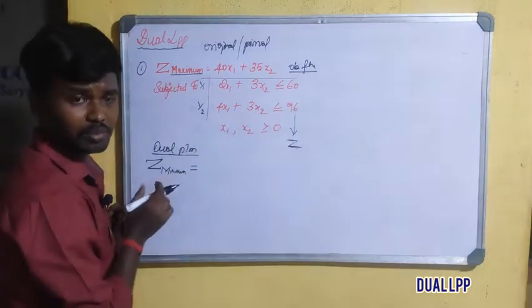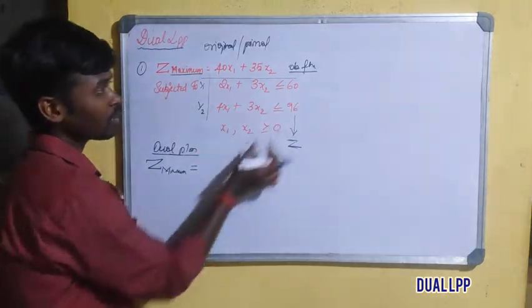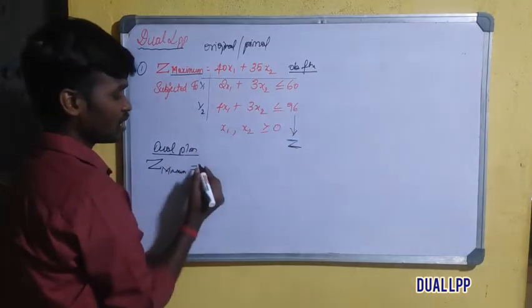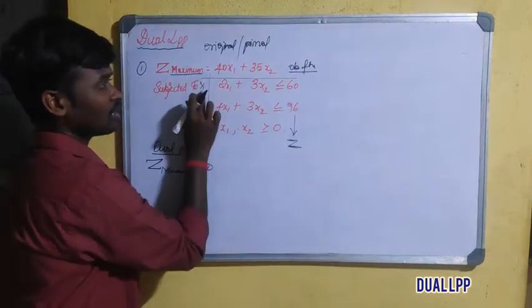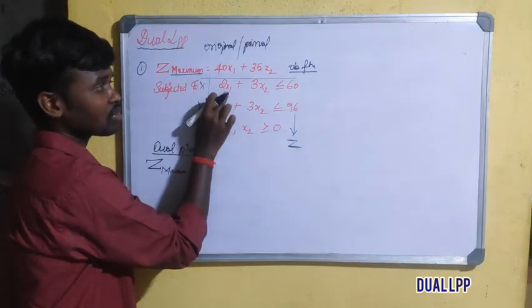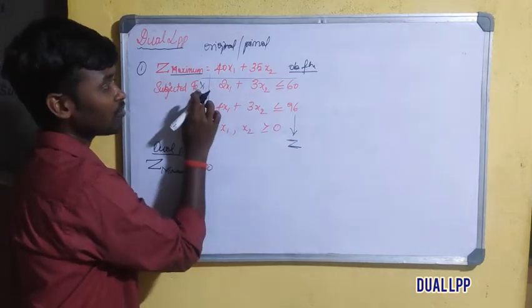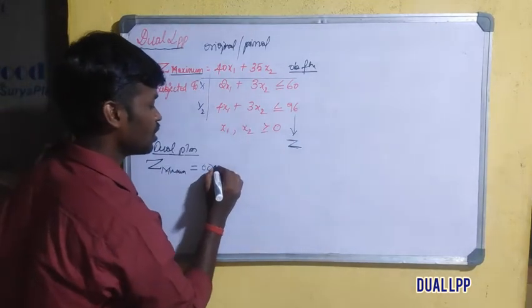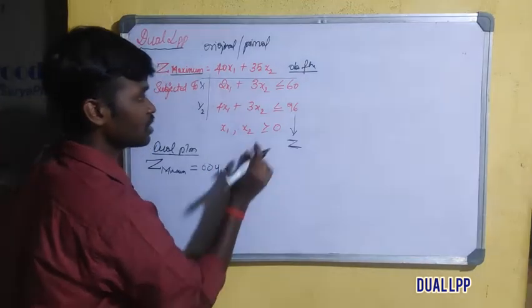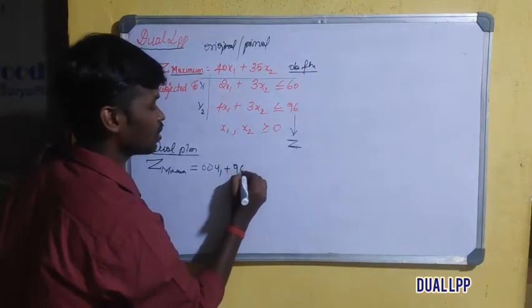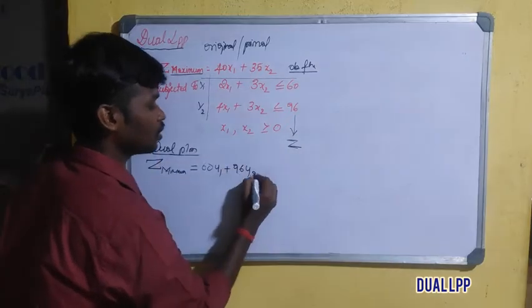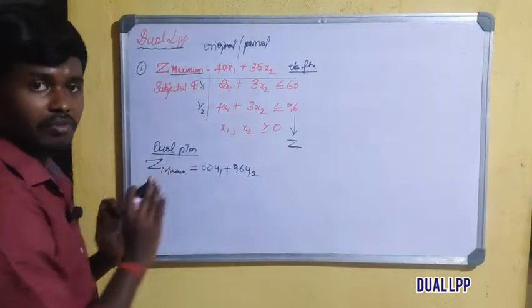That is how to form the objective function of the dual problem: 60y1 + 96y2, using y1 and y2 instead of x1 and x2. So the objective function is just this.